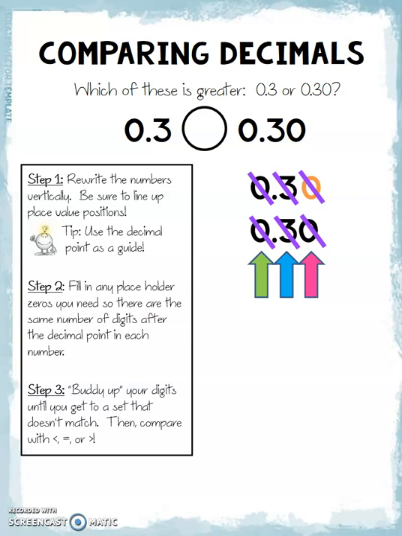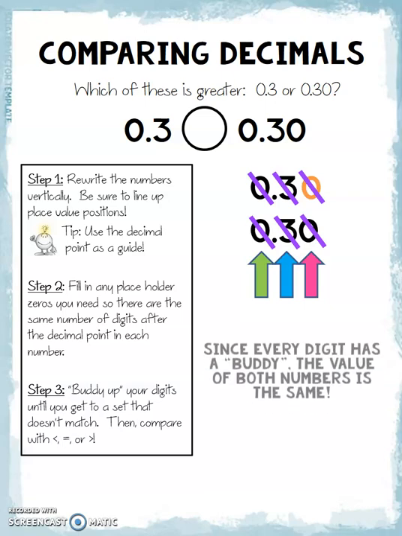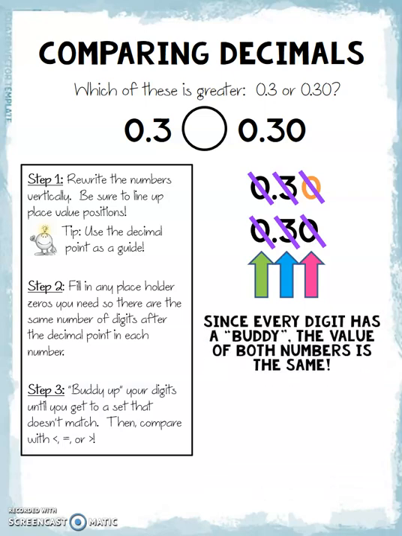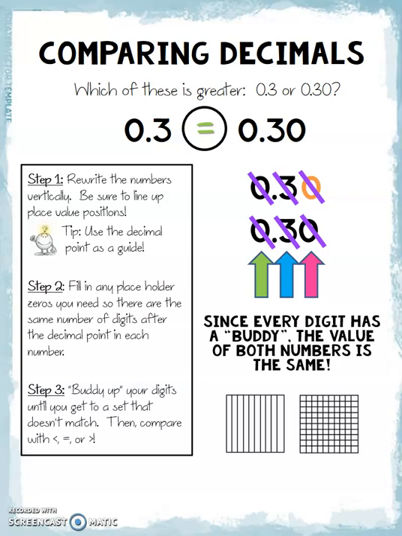Since all of my place value positions have the exact same digits, that means both of these numbers are exactly the same. Let's take a look at this another way so that we can prove that 0 and 3 tenths is equal to 0 and 30 hundredths. Let's say I wanted to show this on a grid. I know that to show 3 tenths, I'll color in 3 skinny tenths rods.